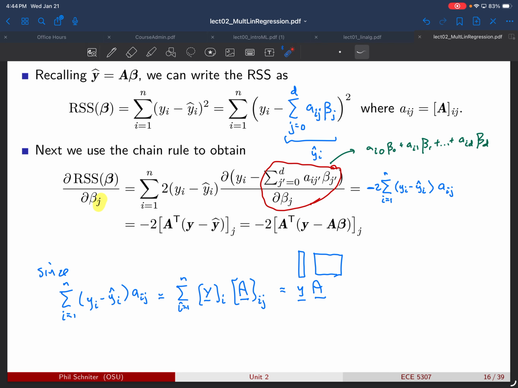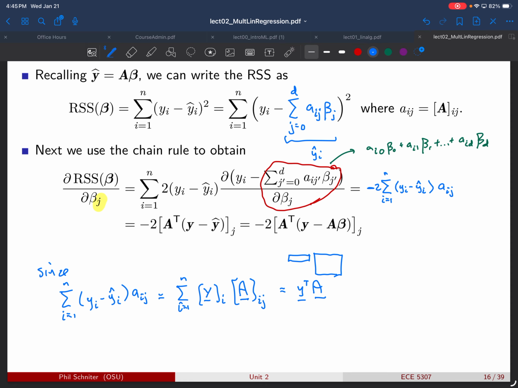If we really want to keep this ordering, and this ordering is what kept i as the inner coefficient, we just need to make sure that this is transposed. Because if I transpose that, then everything is fine. So what I can do is write y transpose there, and then I have a row vector, and I just need this dimension to be the same as this dimension, but they are.